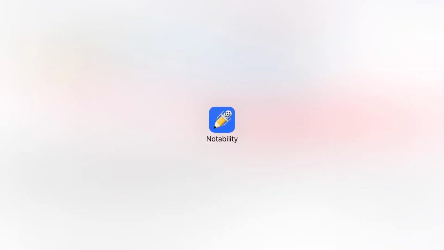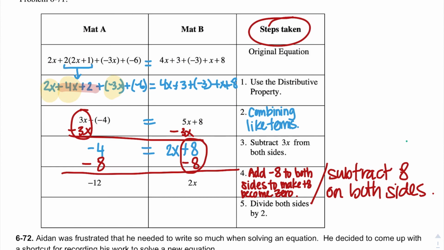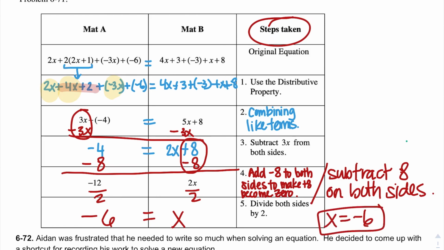So this is what ends up happening. If I divide, like it said, divide both sides by 2, then I end up with negative 6 on the left and x on the right. So the solution is x equals negative 6. Okay, so that's how you would show the work normally in recording work, CPM style.